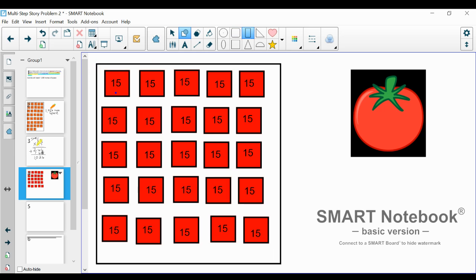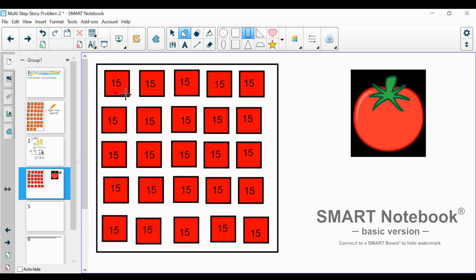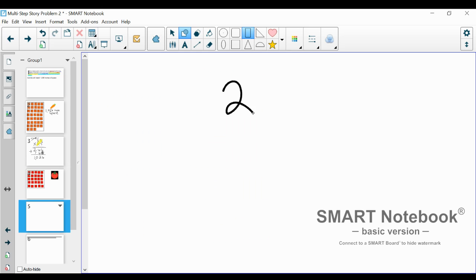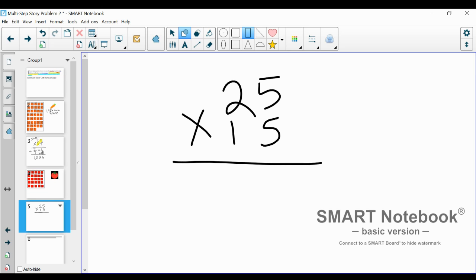Looks like he has 25 tomatoes, 5, 10, 15, 20, 25. And each tomato is taking up 15 inches of space. So 25 times 15. 5 times 5 is 25. I'll actually highlight this for you in case it's helpful for anybody out there.